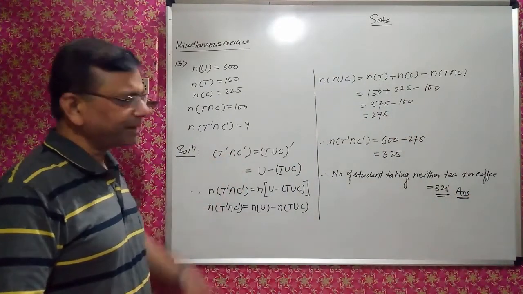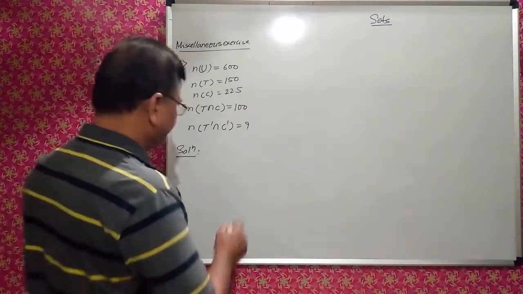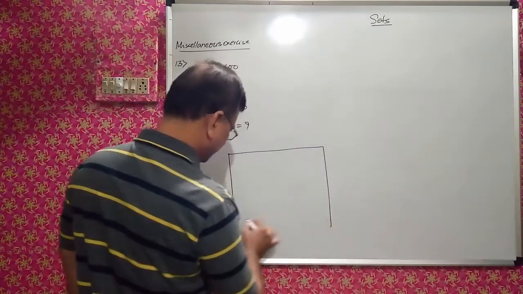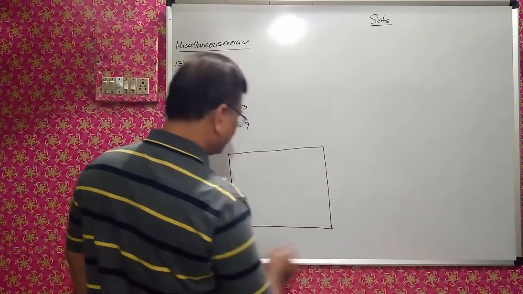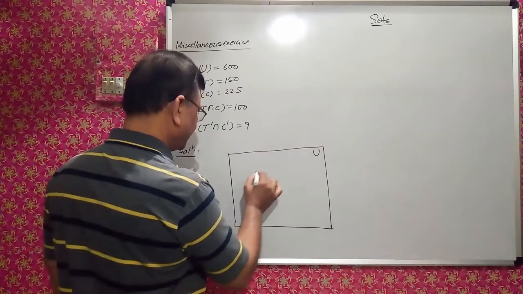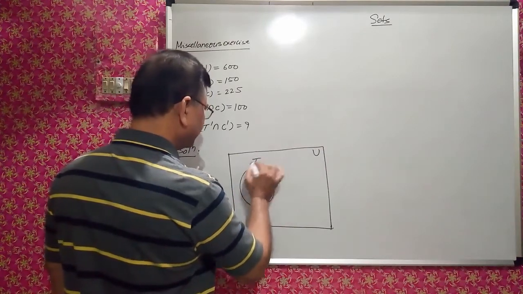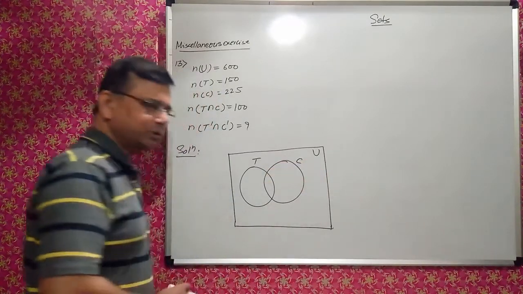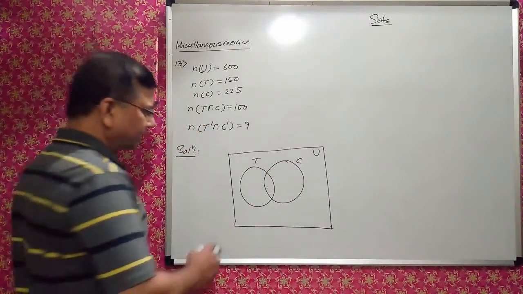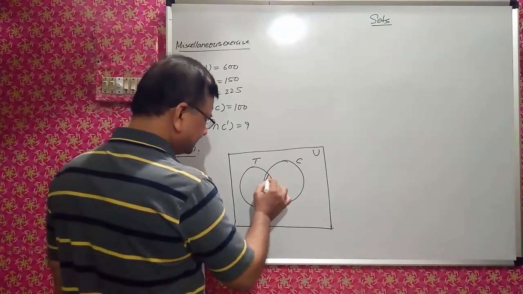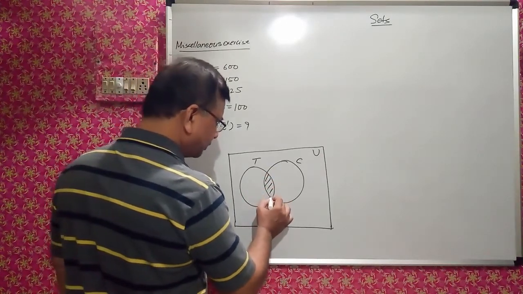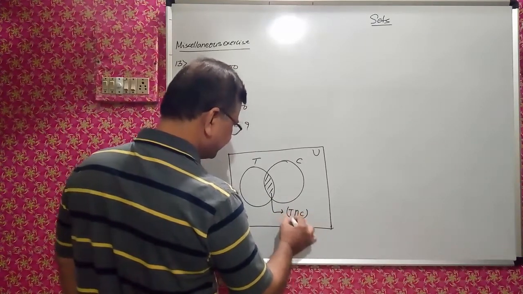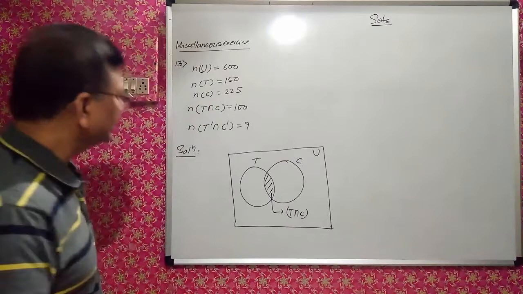So this can be solved by Venn diagram also. See, we will make a Venn diagram. This is the universal set. This is one set, those who are taking tea. This is the set of the students who are taking coffee. The common area tells taking both tea and coffee, that is T intersection C, right?